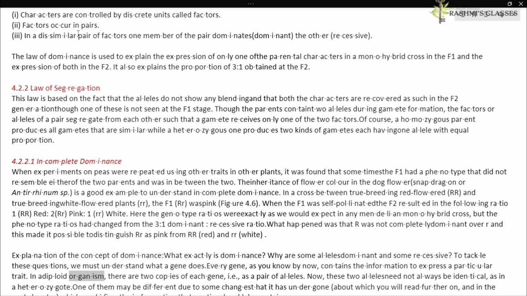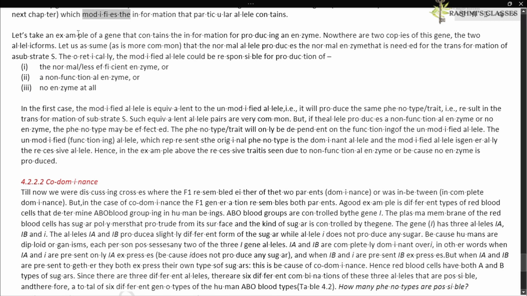In a diploid organism, there are two copies of each gene, i.e., as a pair of alleles. Now, these two alleles need not always be identical, as in a heterozygote. One of them may be different due to some changes that it has undergone, about which you will read further on, and in the next chapter, which modifies the information that particular allele contains.